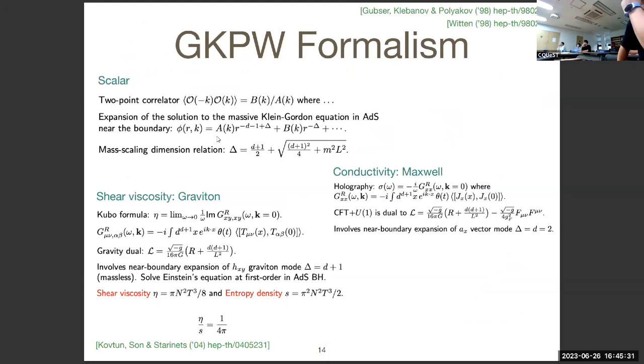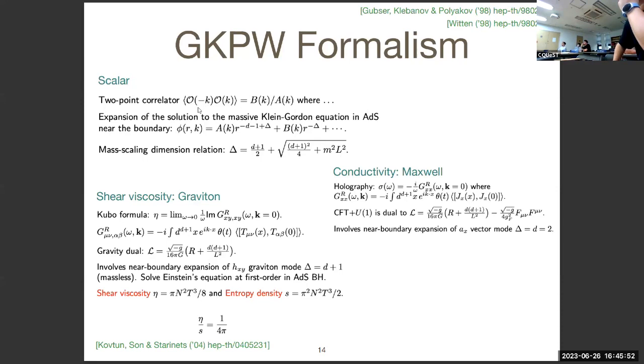I've just written here what you would do for the scalar field, the Maxwell field and the graviton. This is, of course, spin 0, spin 1, spin 2. There are, of course, Dirac versions of this as well, spin 1/2. But I've given these examples because these are the ones important to our case. So let me talk briefly about what you would do for a scalar field.